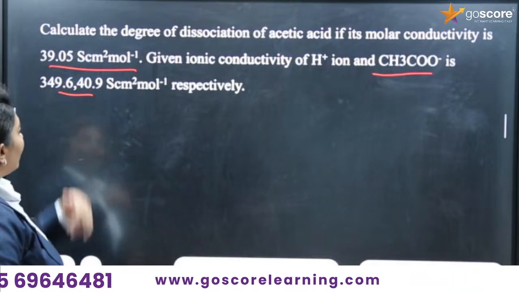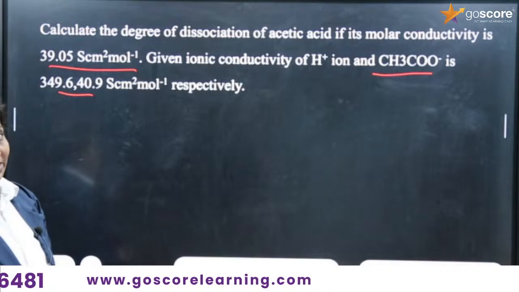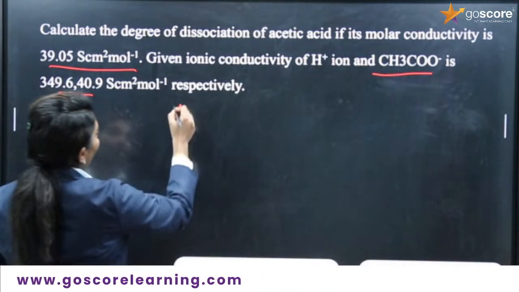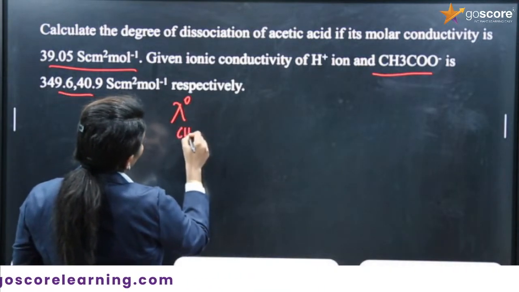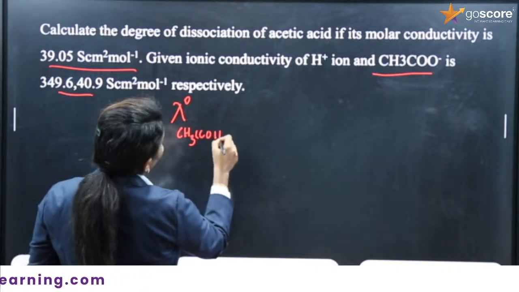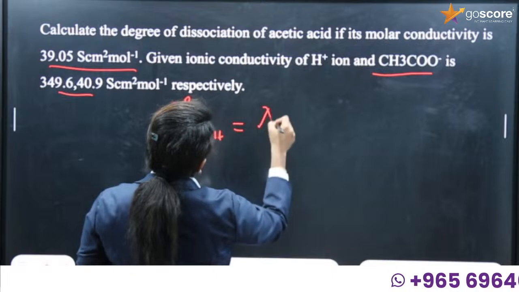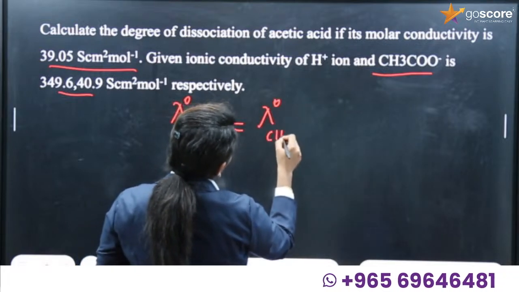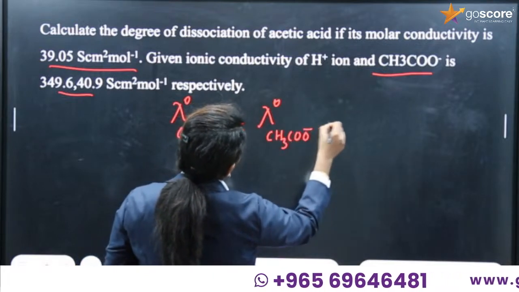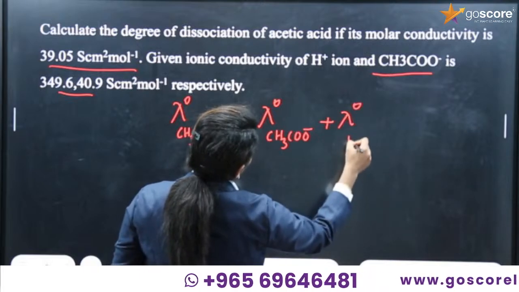That is 349.6 and 40.9. So, you have to find out the limiting molar conductivity of acetic acid by adding the sum of the limiting ionic conductivity of CH3COO minus plus H plus ions.